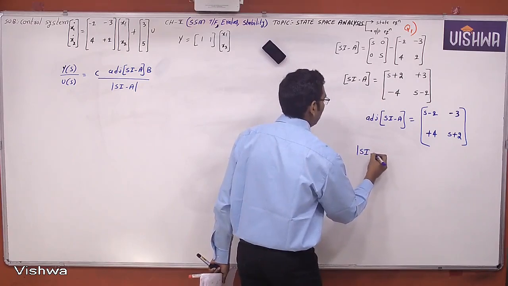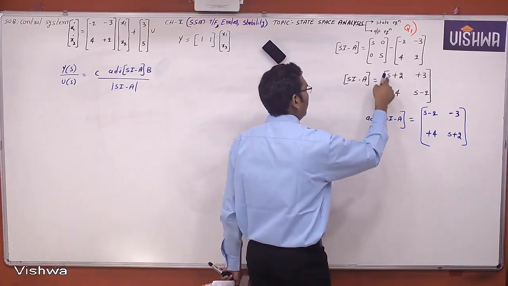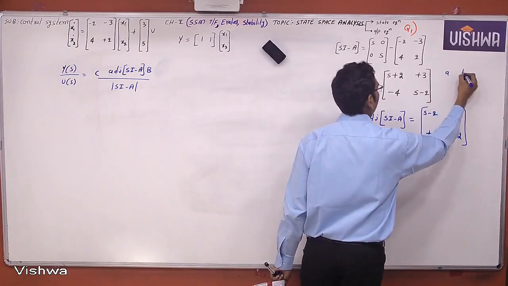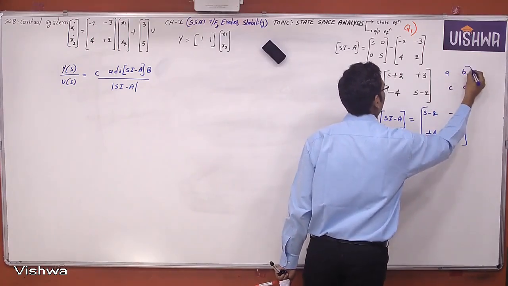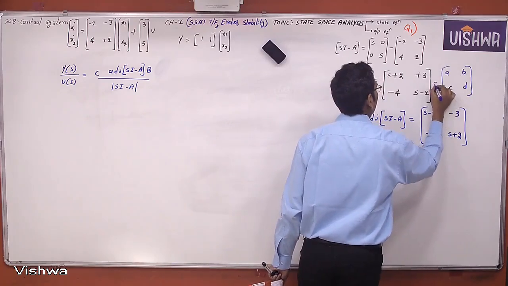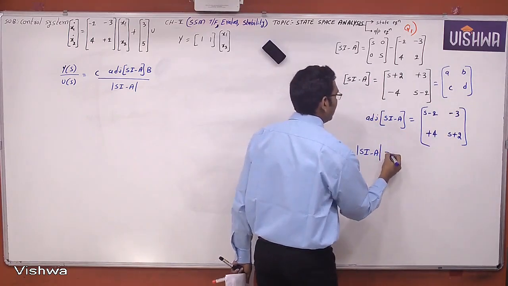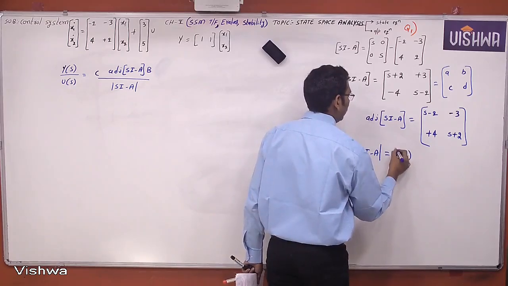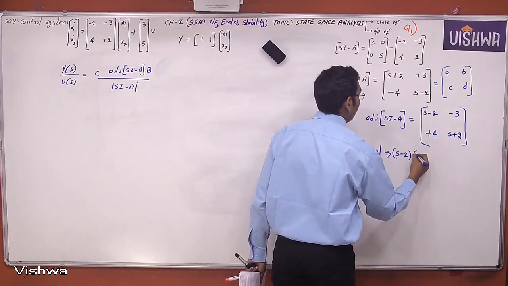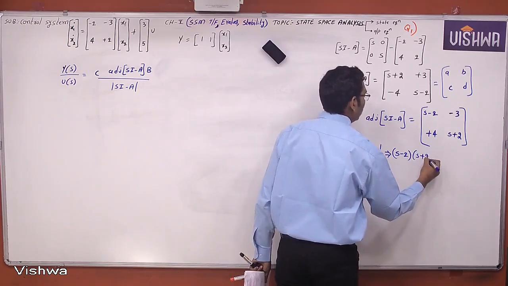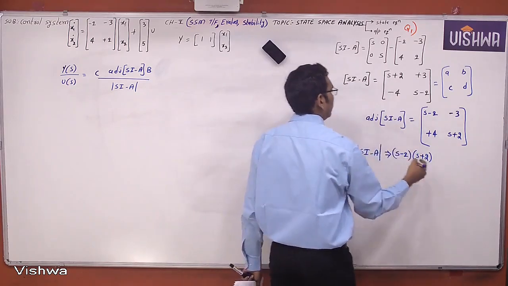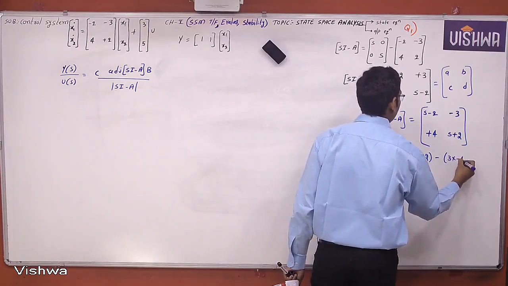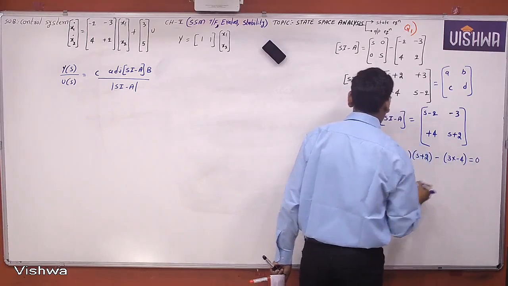The determinant of sI minus A: for a matrix A, B, C, D, the determinant is AD minus BC. So it is S minus 2 into S plus 2, minus 3 into minus 4, which is equal to 0.